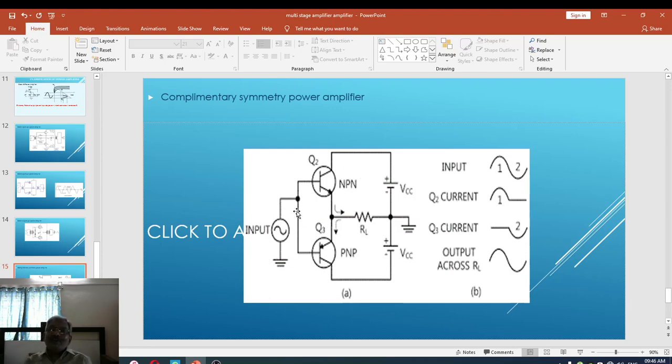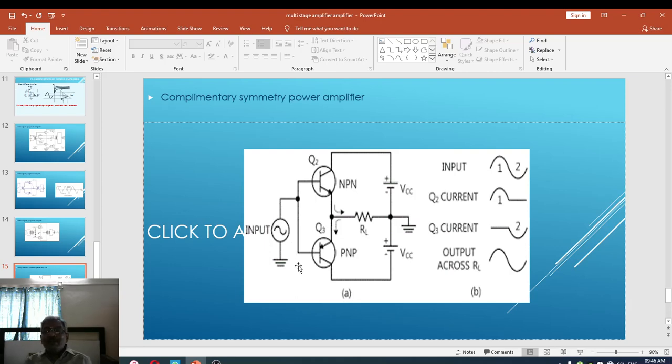When the polarity of the input cycle is reversed, that means when the negative half cycle reaches the base of both the transistors, then the NPN transistor reverse biases its base emitter junction, whereas the PNP transistor forward biases its base emitter junction.